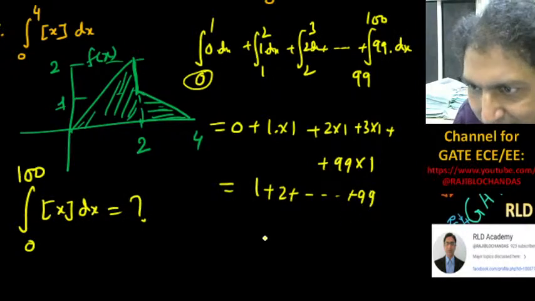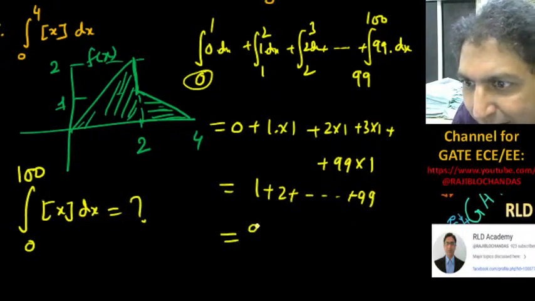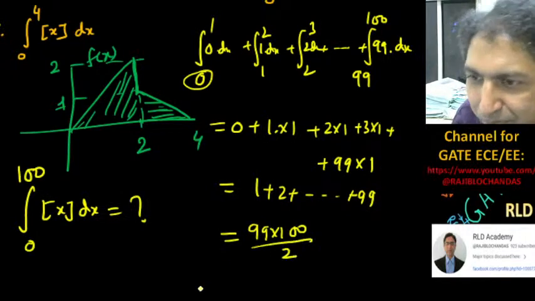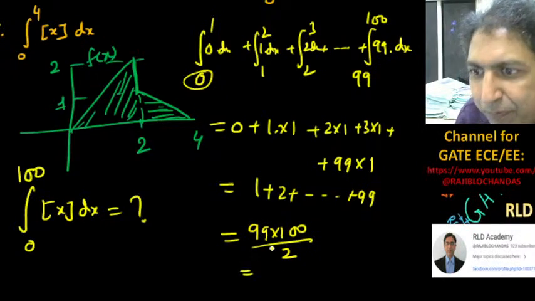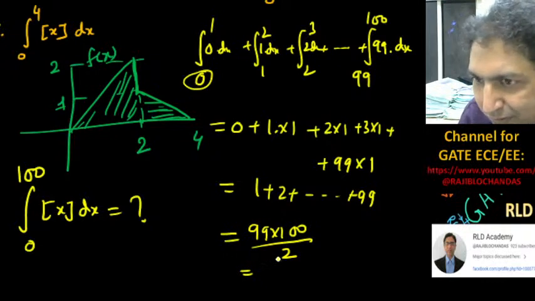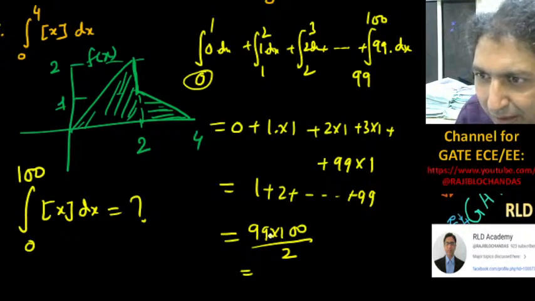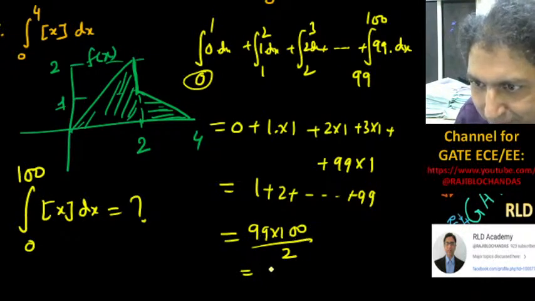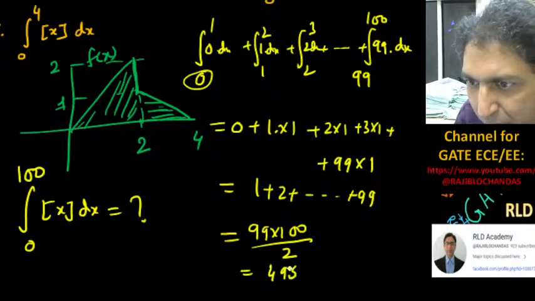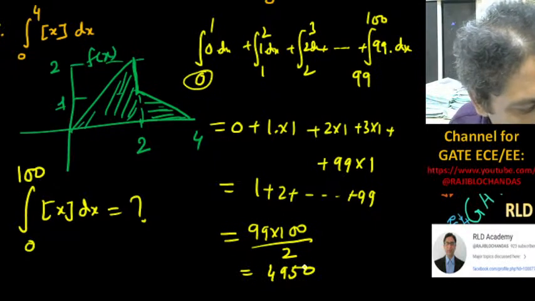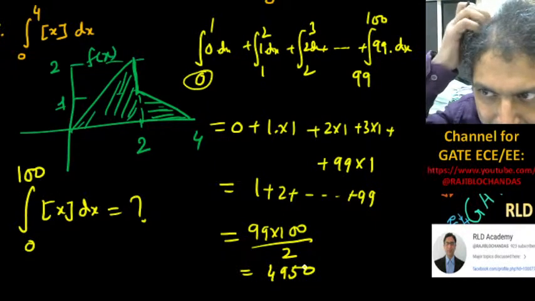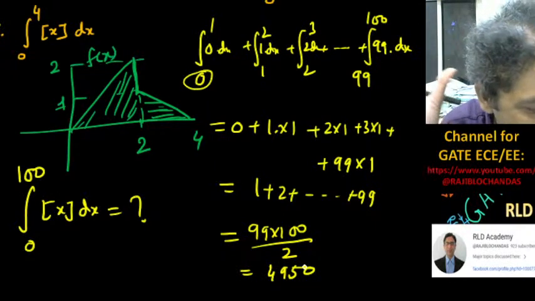Its value will be 99 into 100 by 2. Okay, so how much is it? This is 5000 minus 50, that is 4950 probably. Am I correct? Is it clear?